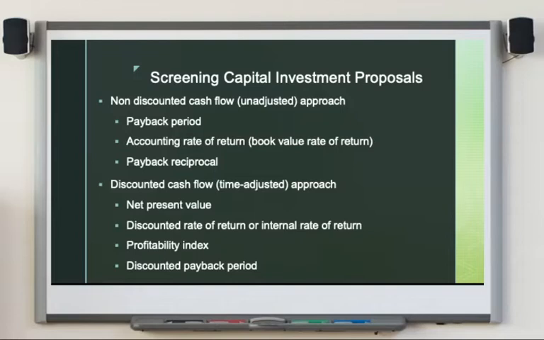Okay, so for the non-discounted cash flow, we normally use payback period, accounting rate of return, and the payback reciprocal. And for the discounted cash flow approach, the net present value, discounted rate of return or internal rate of return, profitability index, and discounted payback period will be used.